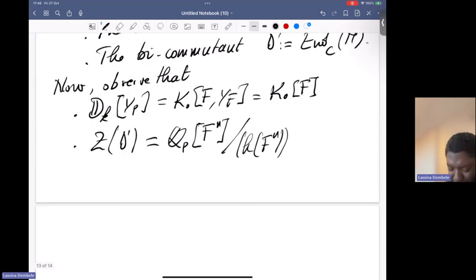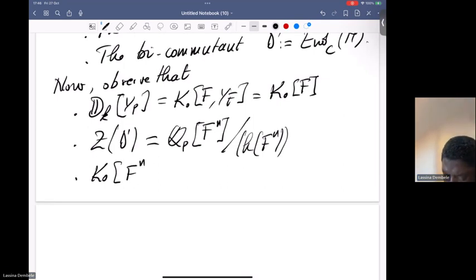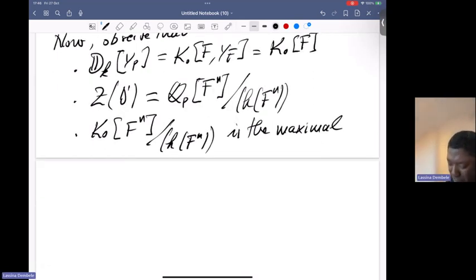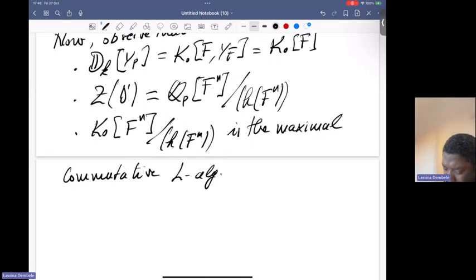And basically, if you look at K0 of F to the N, divided by H of F to the N, this is the maximal commutative algebra contained in D prime.